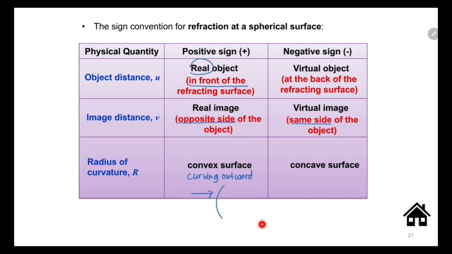However, the radius of curvature for a concave surface is negative, which means that the surface is curving inward. That's all for subtopic 7.2. Let's return to our initial page.